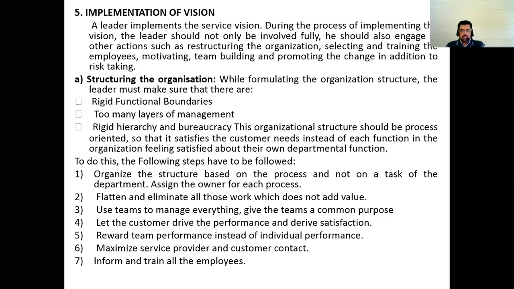Reward team performance instead of individual performance. As a service marketing manager, you have to consider what kind of performance there is in the team and individually. By analyzing all of these, instead of concentrating only on individual performance, you have to give respect to all the candidates.